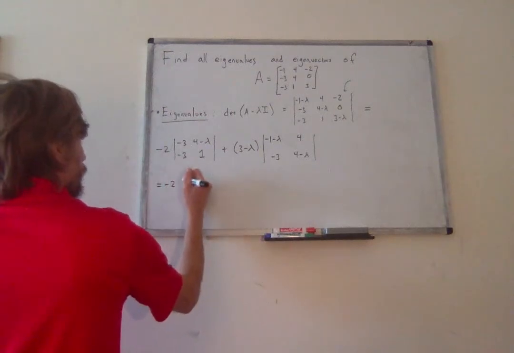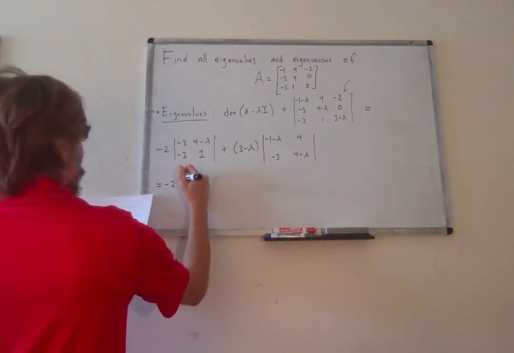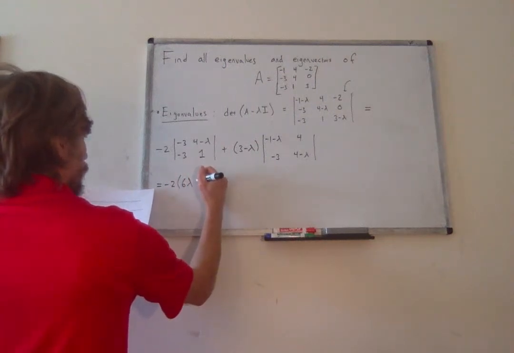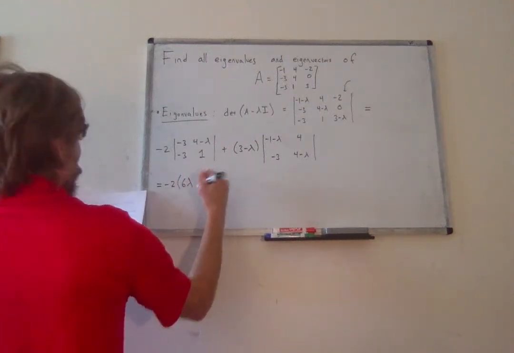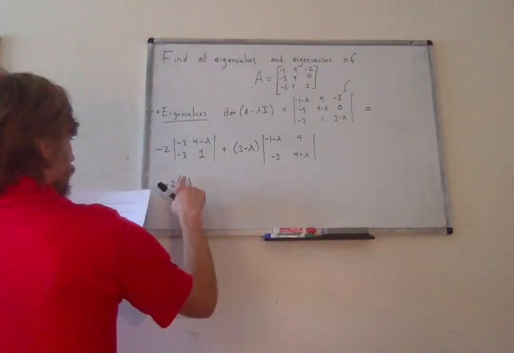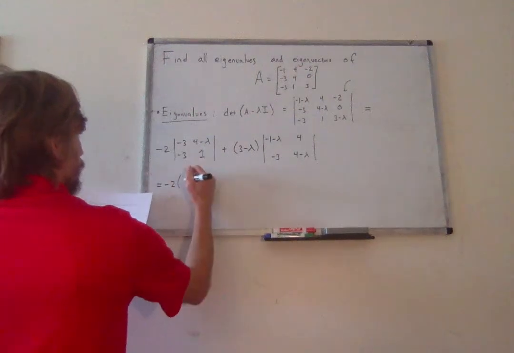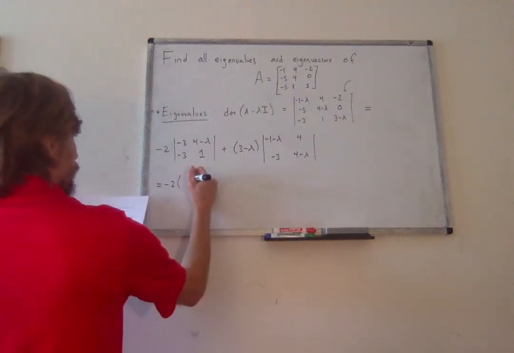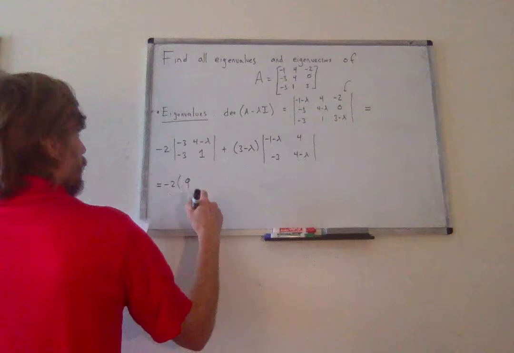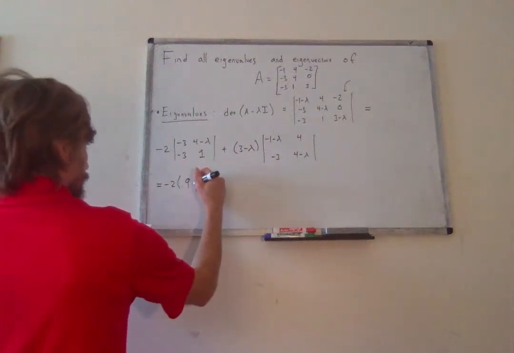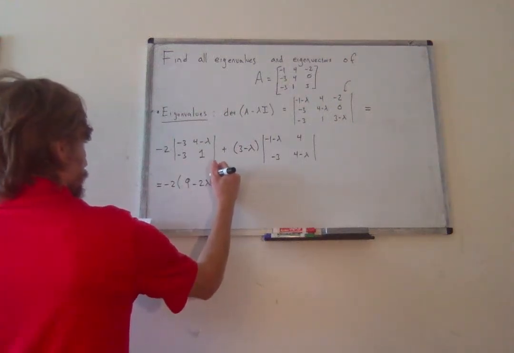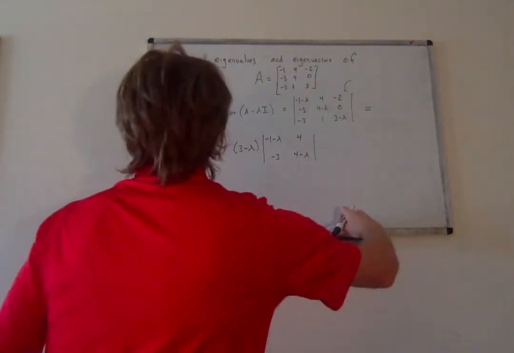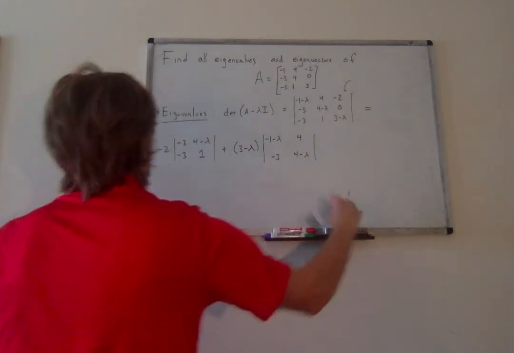And so this is equal to -2 times 6 lambda, -2 times 8, 9. I shouldn't do too much in my head. -2 times 9 minus 2 lambda. I'll just work it out here. Do one more step.